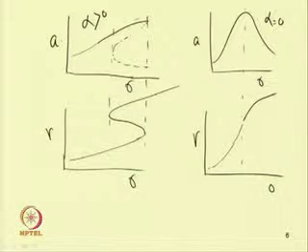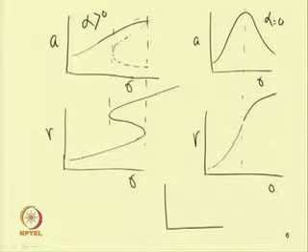So, this curve A versus sigma is the frequency response curve of the system. Similarly, one can plot the force response curve by plotting F versus A. If one plots the amplitude A versus this forcing parameter, then it will be the force response of the system.